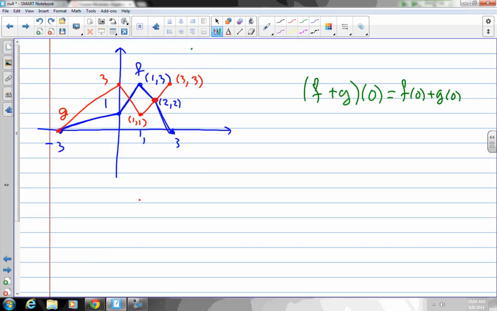That's the definition. F plus g of x is f of x plus g of x. Can you tell me what f of 0 is just by looking at the graphs? 1. So f of 0 equals 1. What is g of 0? 3. So then the answer is 4. So f plus g of 0 is 4.